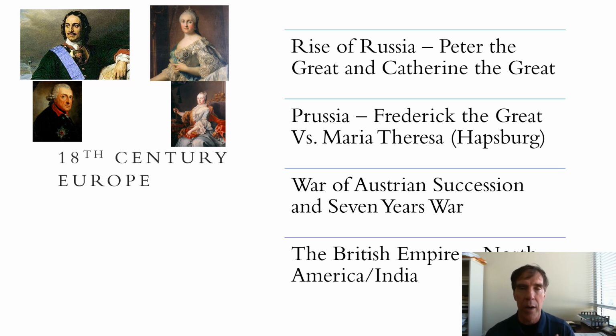Now, Frederick the Great actually put Prussia on the map as a great power, but he was challenging the power of the Habsburgs, who had traditionally been the dominant power in what is today Germany and among German peoples. And the rival of Frederick the Great was Maria Theresa, the Habsburg ruler.